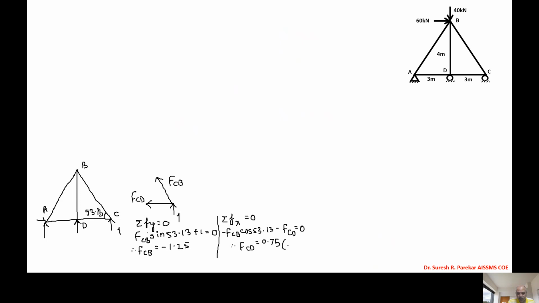We have plus, so this is tensile, and this is minus, so we have 1.25 compression.